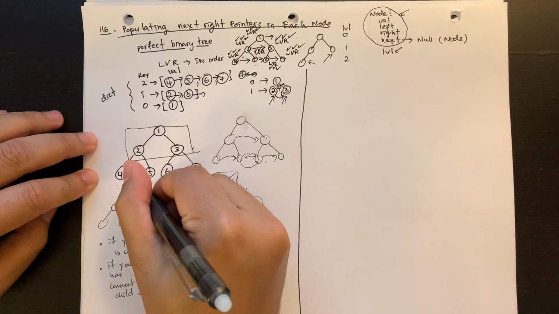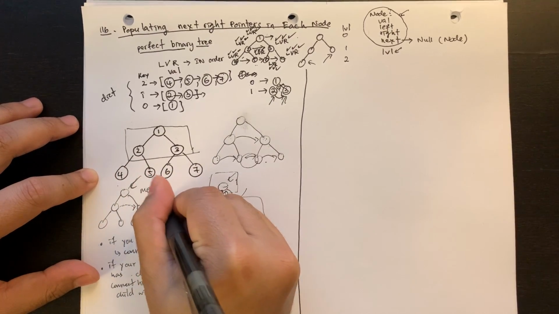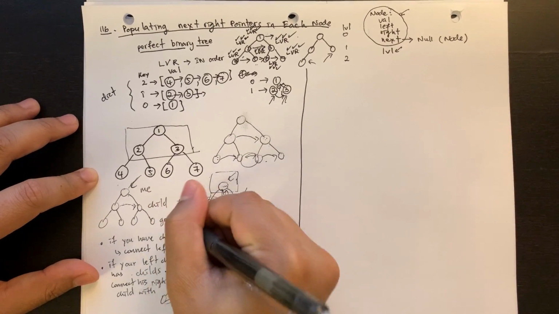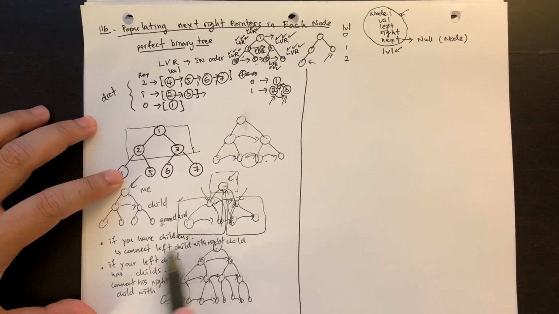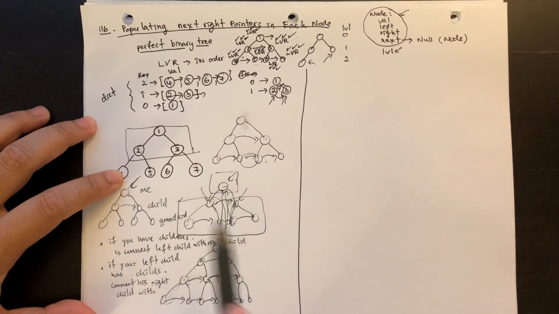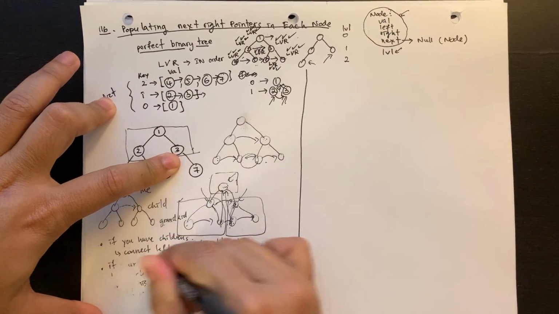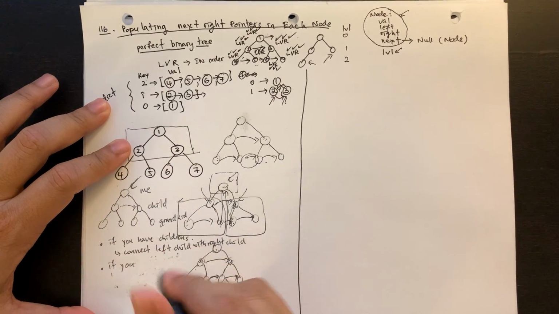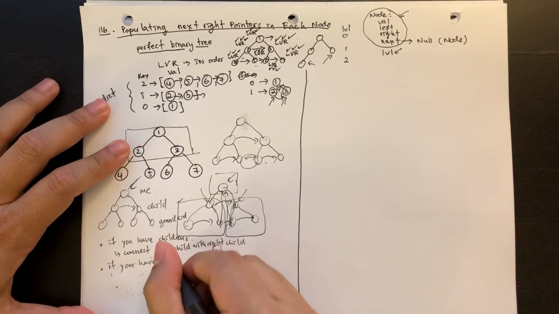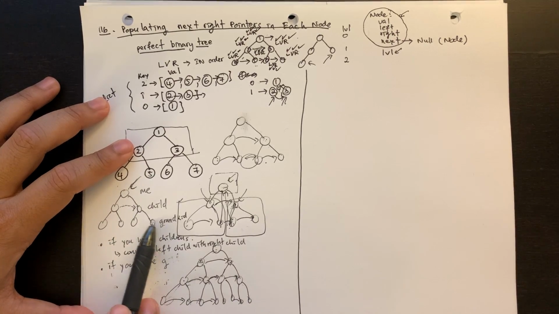Let's say this is me, this is child, and this is grandkids. So if you have children, connect left child with right child. If you have one grandkid, it guarantees that you have more than one grandkid, if that makes sense.